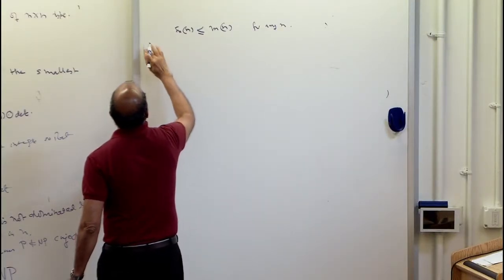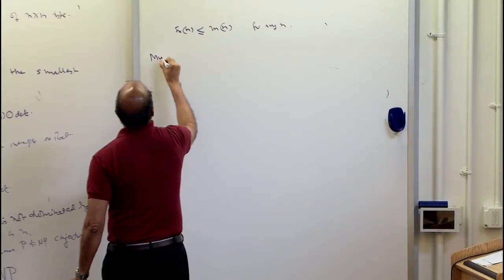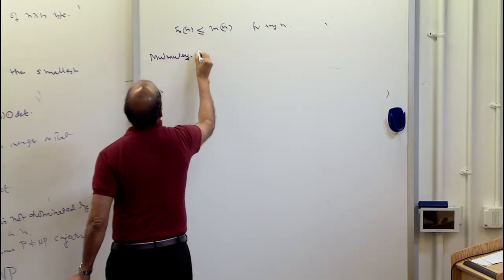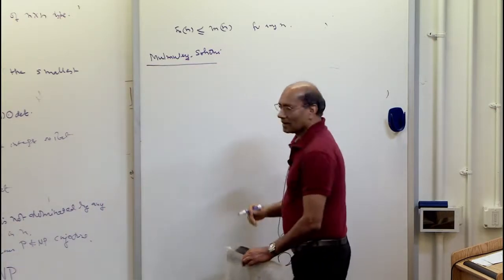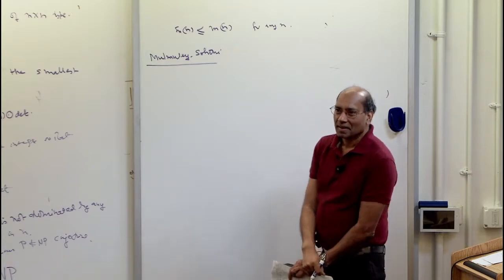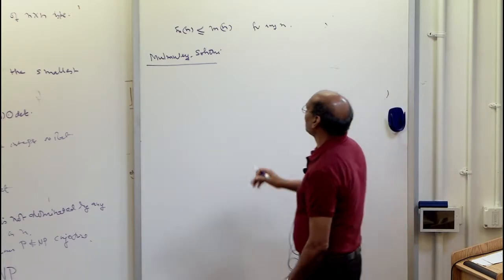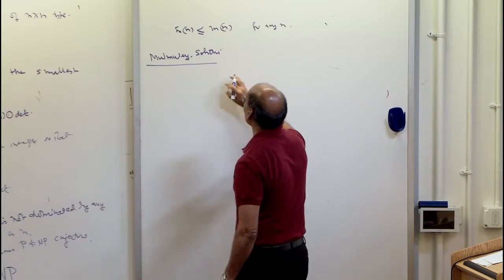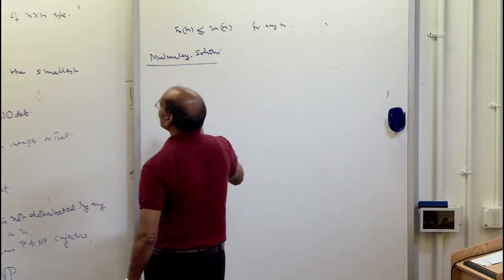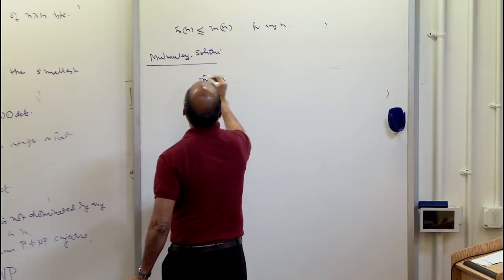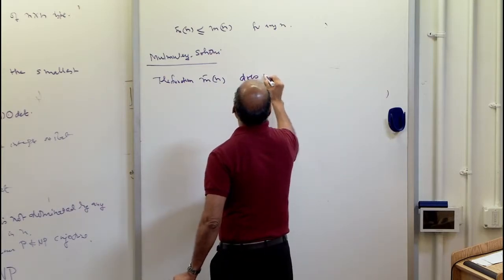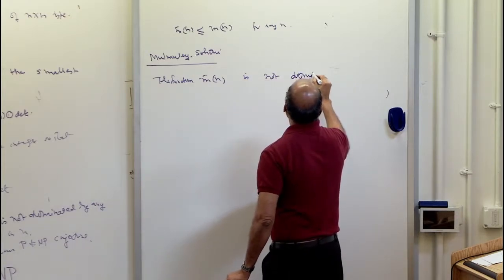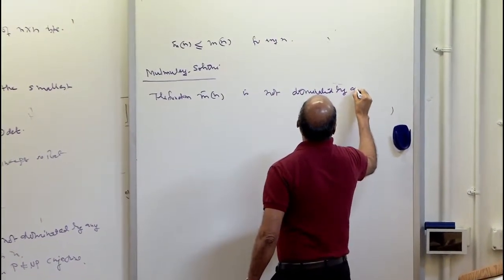And now Mulmuley and Sohoni, in a series of papers, more than half a dozen papers, made this conjecture that even this function m bar n is not dominated by any polynomial.